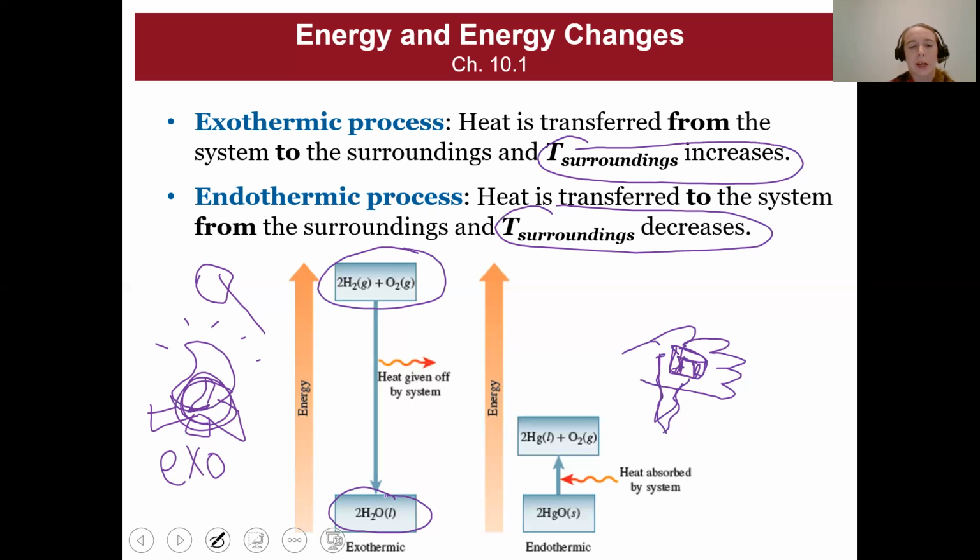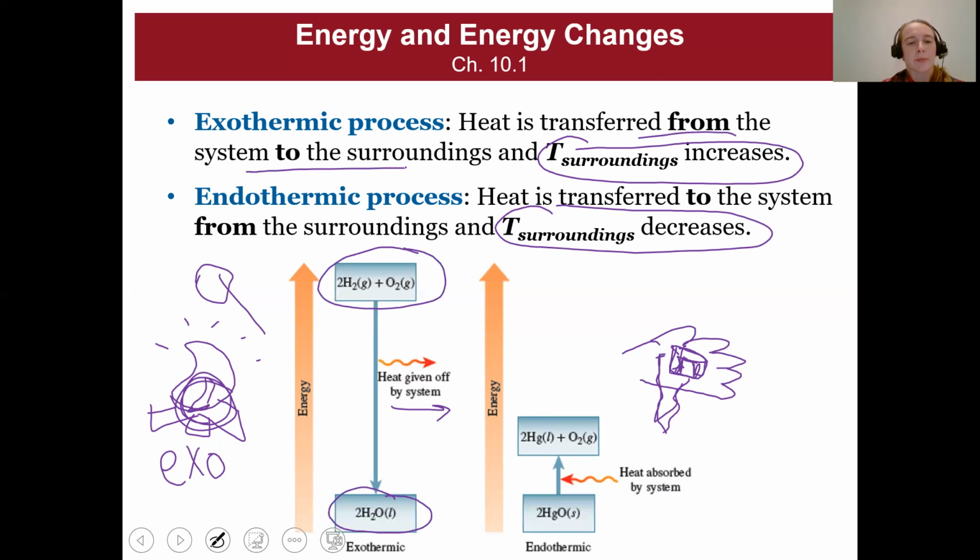That's a combination reaction, making water. This is an exothermic reaction, as I told you before. So the heat is given off by the system. Note, with an exothermic process, heat is transferred from the system to the surroundings.